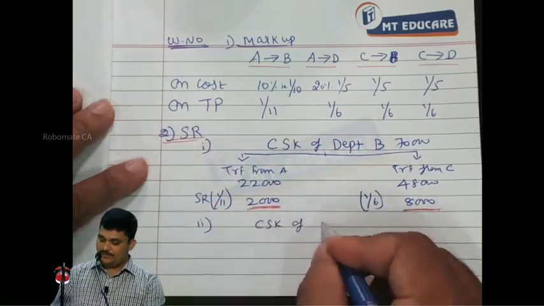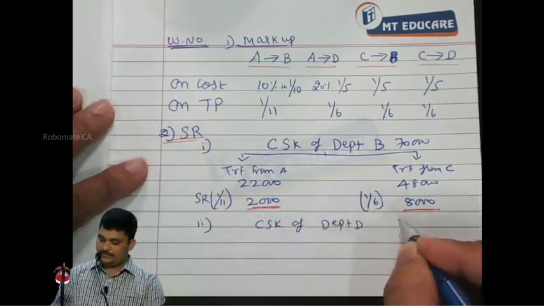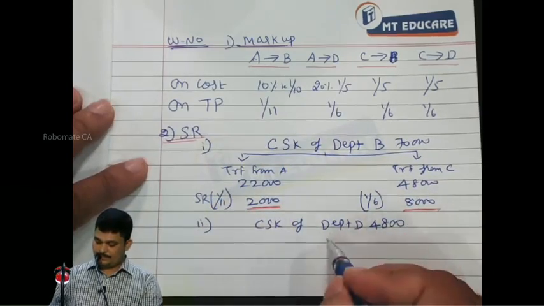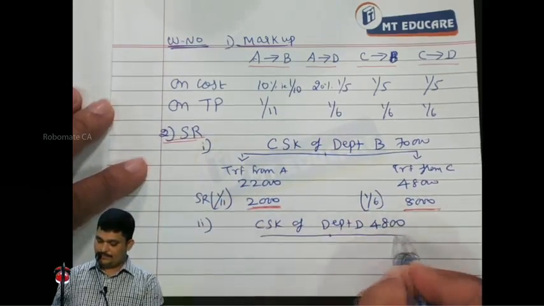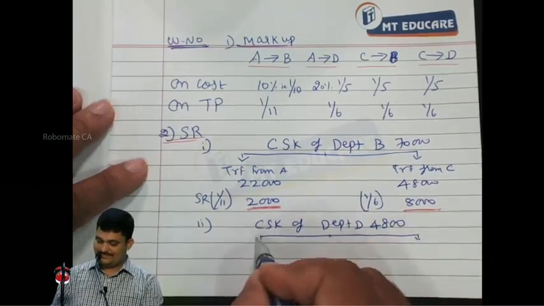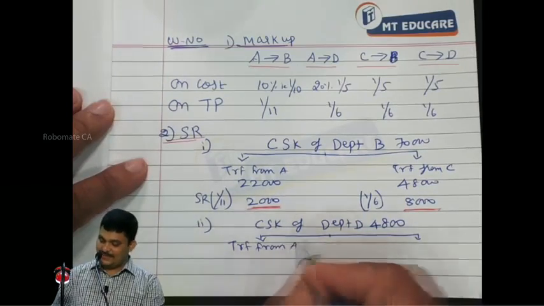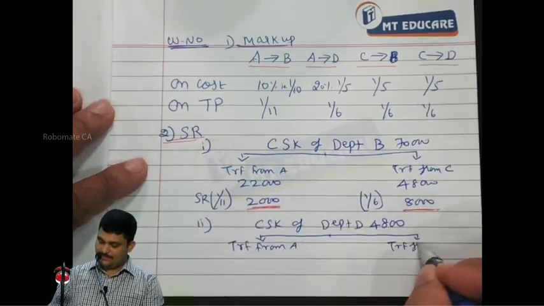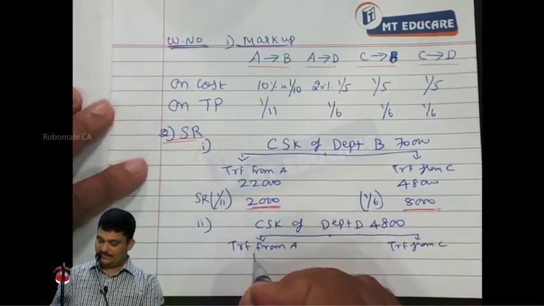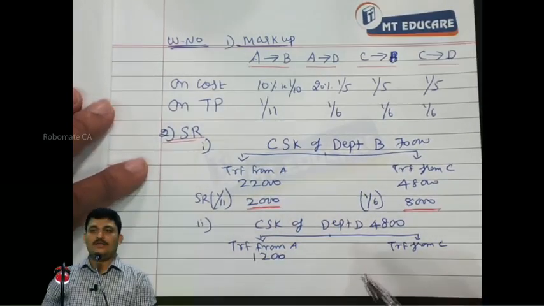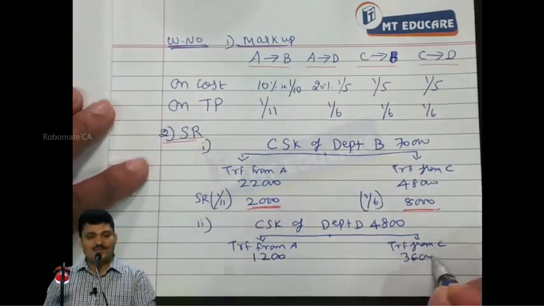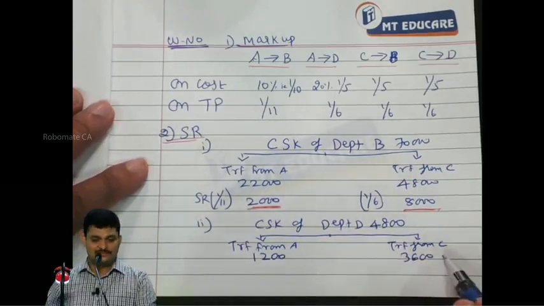Closing stock of department D: transfer from A, transfer from C, 3,600. Now friends, please stop that. Wait.